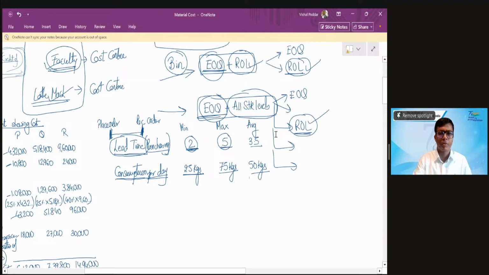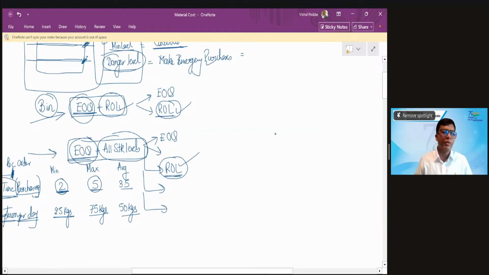Now, whenever the sum is EOQ with only one stock level, the formula that is given for ROL, that is reorder level, is average consumption multiplied by average lead time. This is the formula. So how will I find out my reorder level?